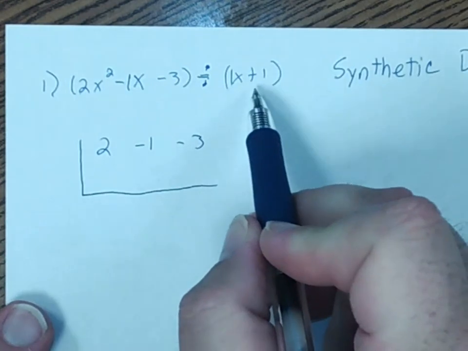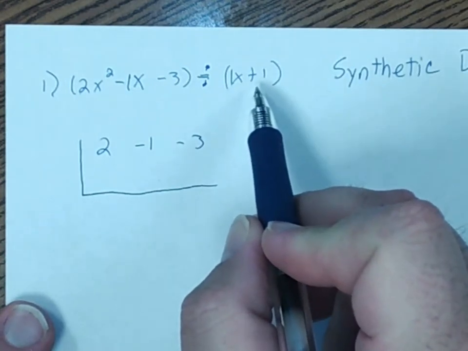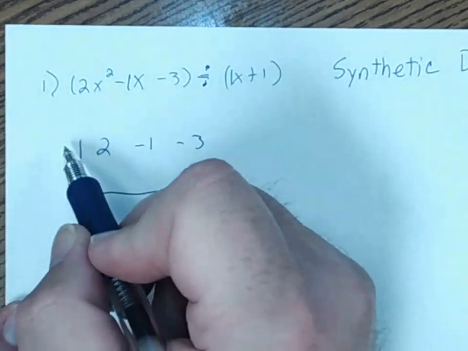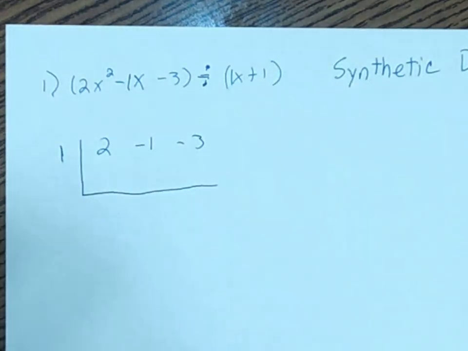Then I'm going to come over to my divisor, and I'm going to take this number here, and I'm going to put it outside. I'm not going to take the x, just going to take the 1. Now, normally, we would divide, then multiply, then subtract, then bring down.